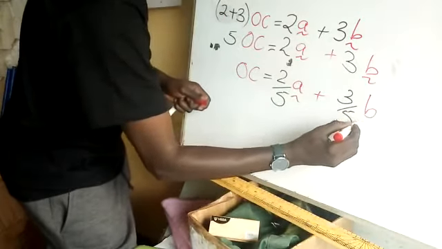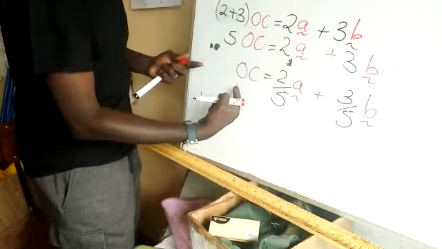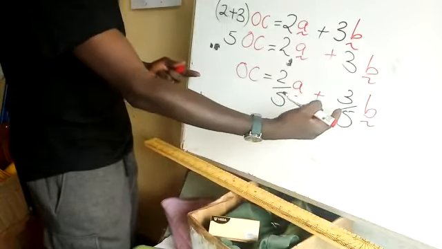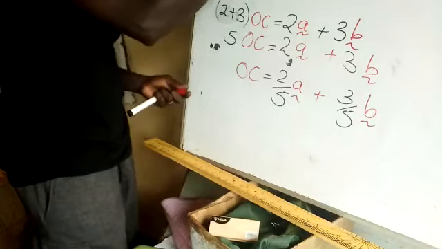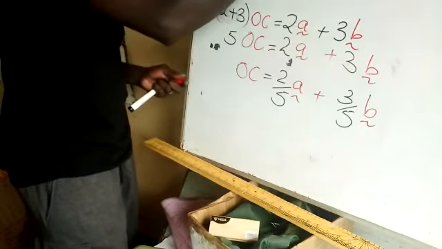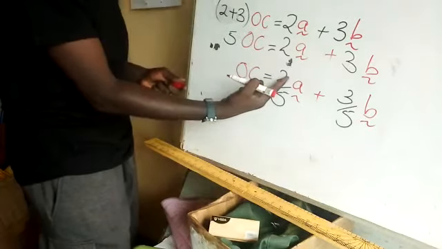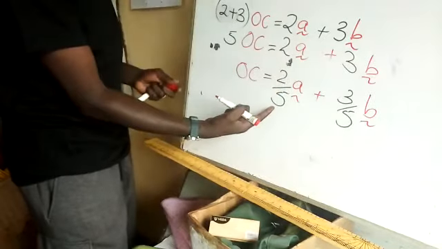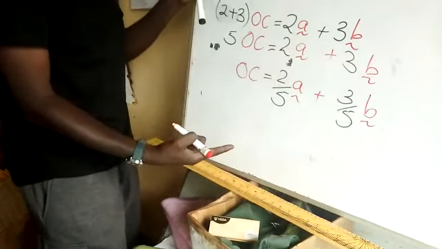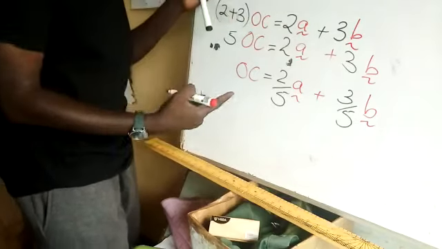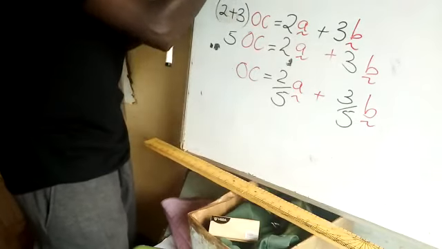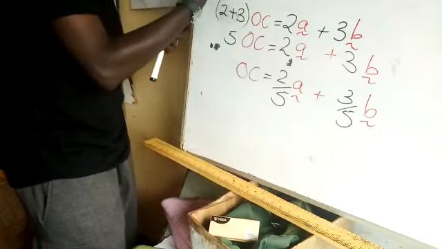What I want you to know is that we tend to use this very much. So in short, if you want a middle movement, you take the ratio on the right over the total ratio times the vector on the left hand side. Remember, ratio on the right multiplies vector on the left. It is like cross multiplication.